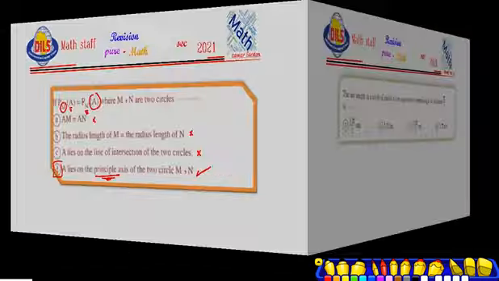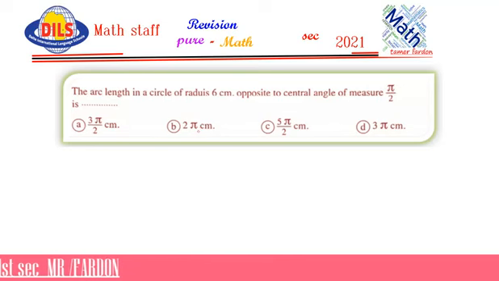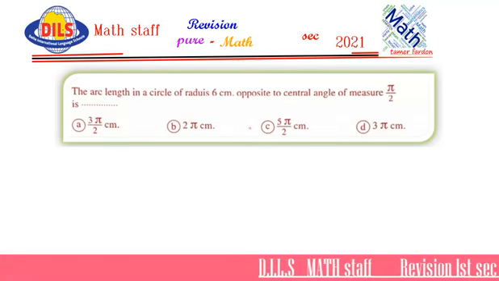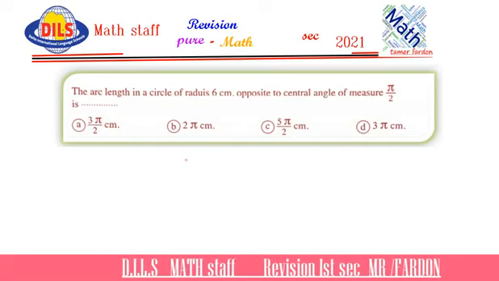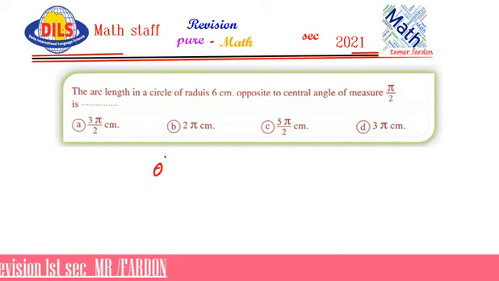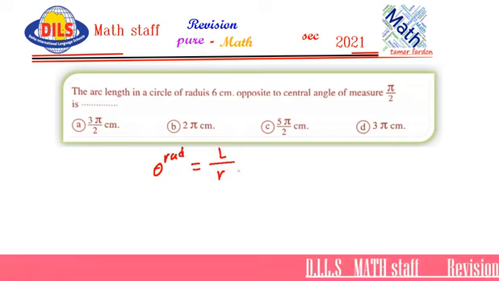Another exercise. The arc length in a circle of radius 6 centimeters opposite to a central angle of measure pi over 2 is. We know that theta in radians equals L, the arc length, over the radius length.